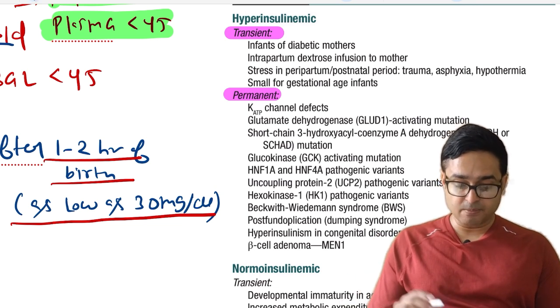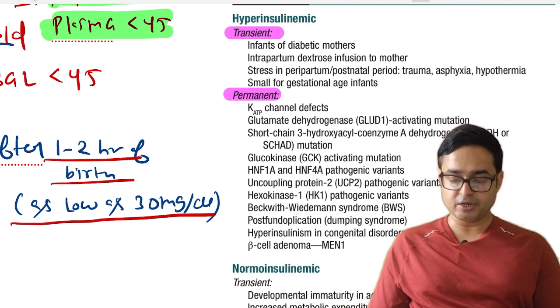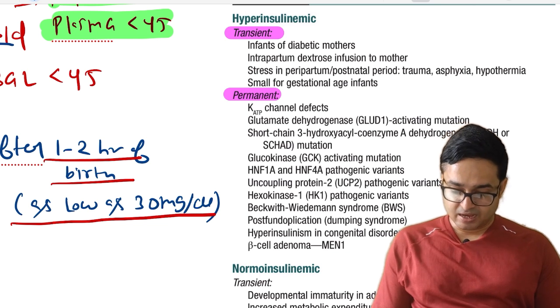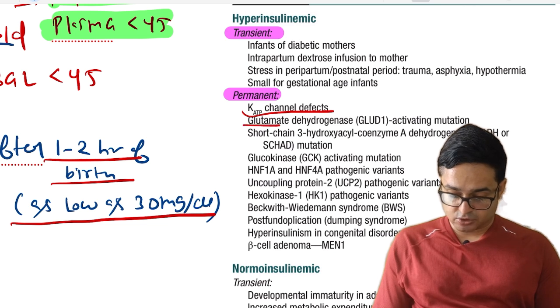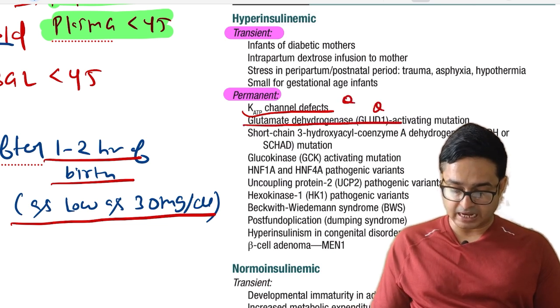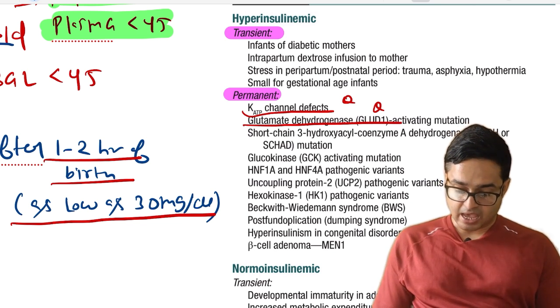What are the permanent causes of neonatal hypoglycemia? Potassium ATP channel defect, just remember glutamate dehydrogenase activating mutation. I am telling you the important ones.